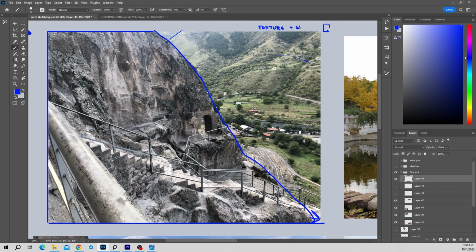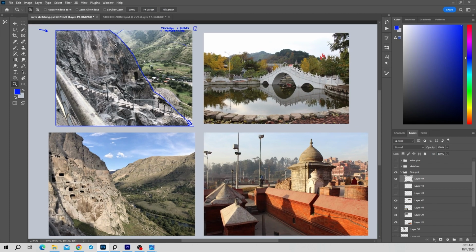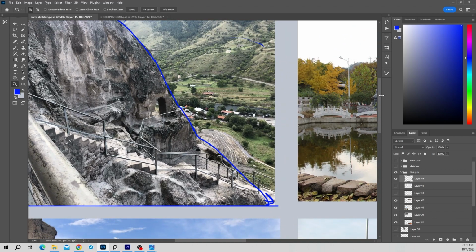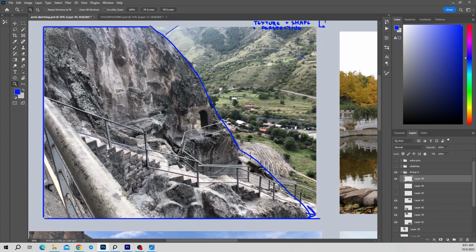Texture and shape and perspective. And maybe it's not some hardcore building, you don't have that many straight lines, but you still have perspective here. And you still have a lot of things happening that follow the rules of perspective.